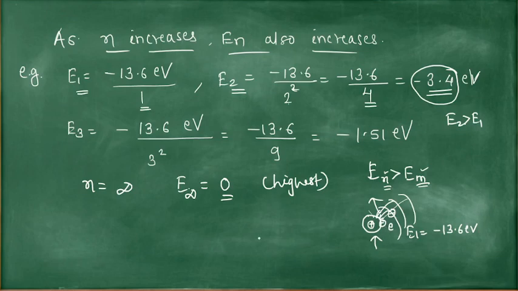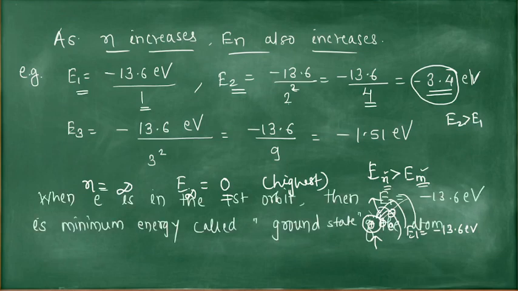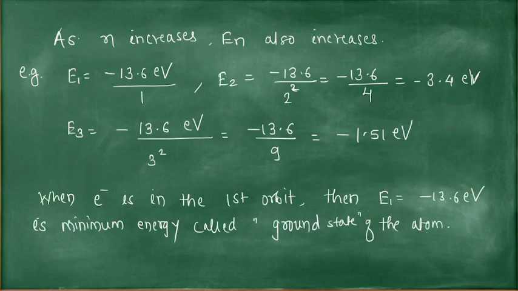So we will discuss the energy level diagram, how the energy levels are drawn. Here we will discuss one more point. When the electron is in the first orbit, this is the energy: E1 is equal to minus 13.6 electron volt.